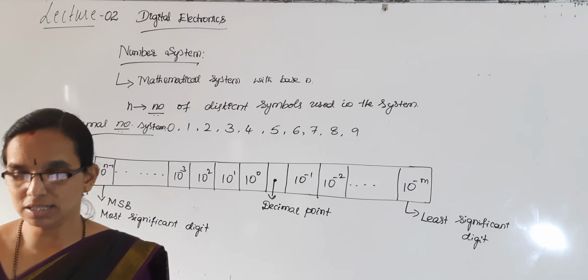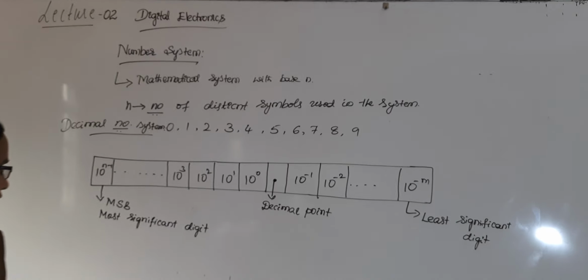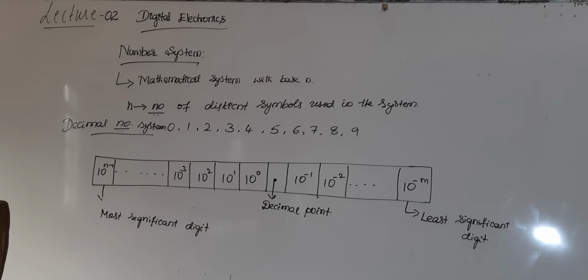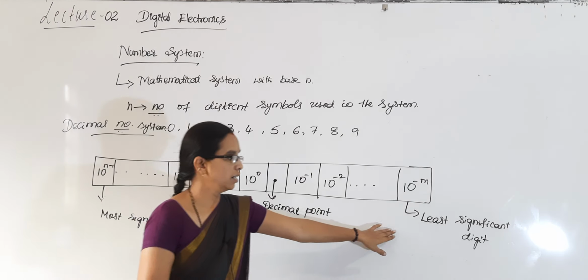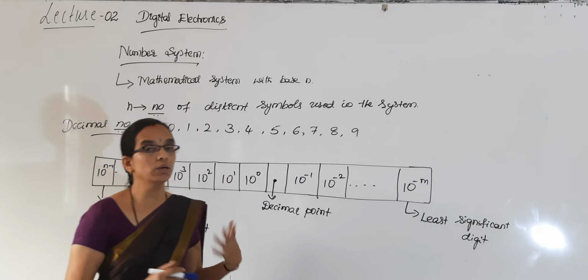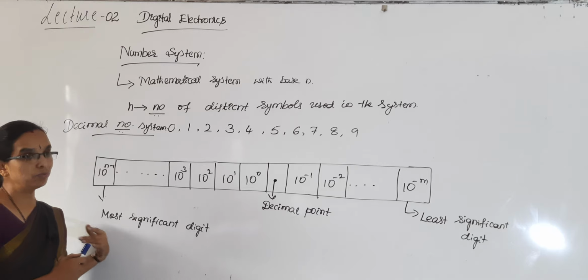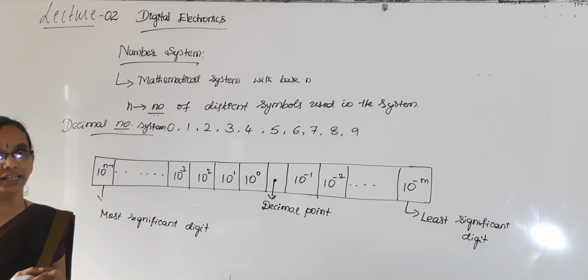The rightmost digit, which has the lowest place value, is called the least significant digit. The leftmost digit, which has the highest place value, is called the most significant digit.